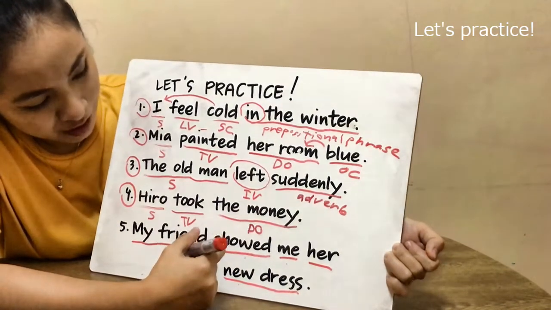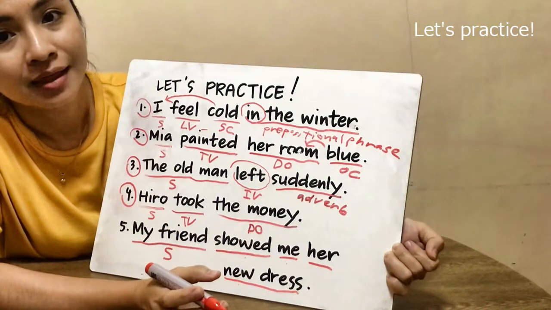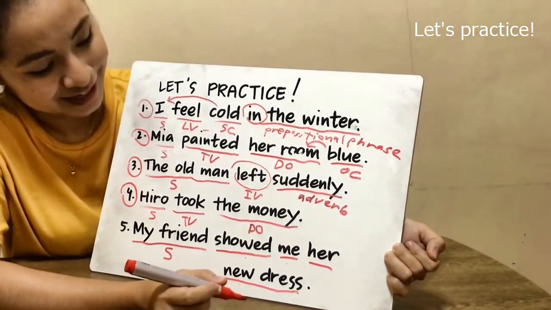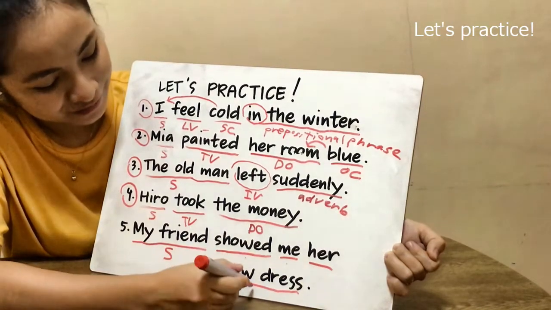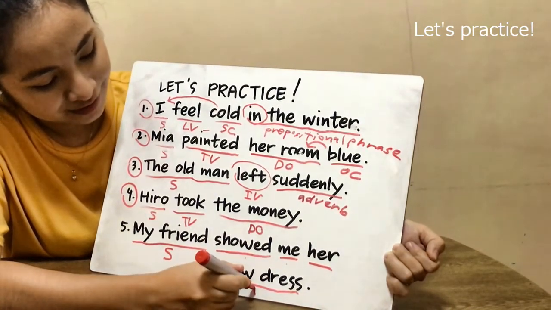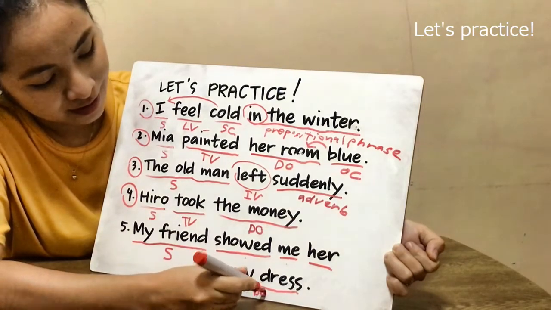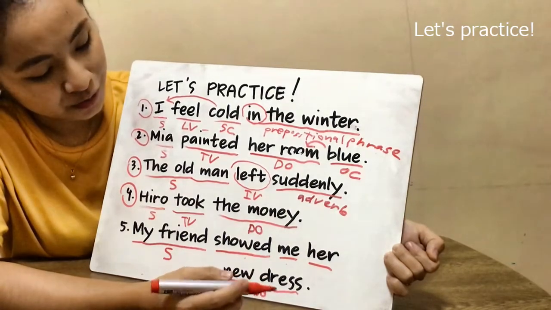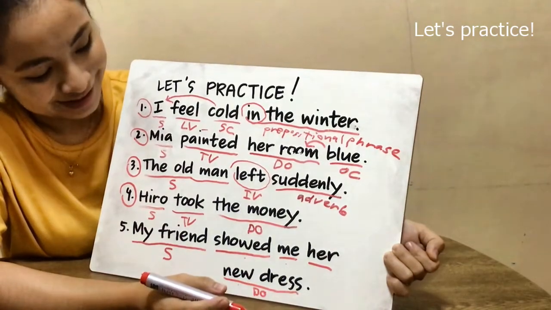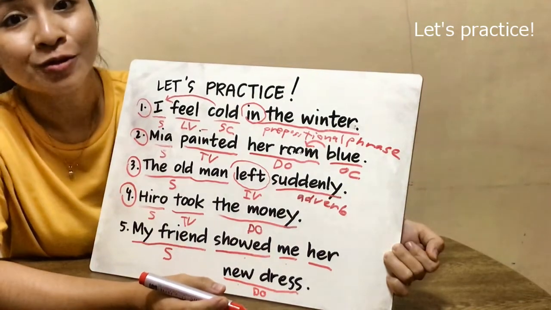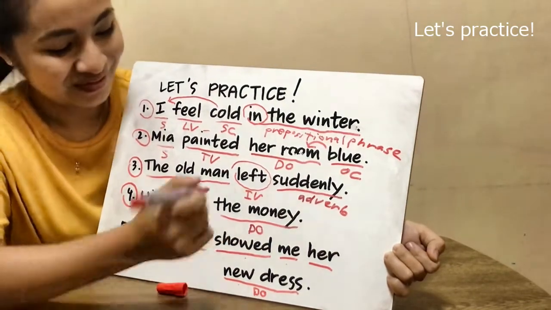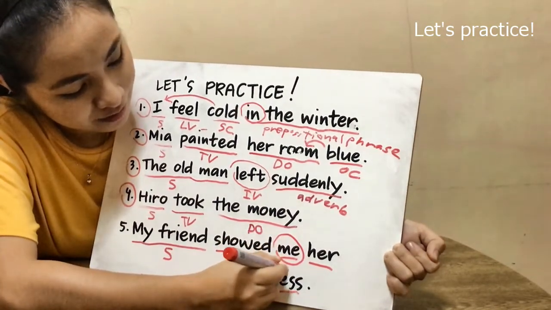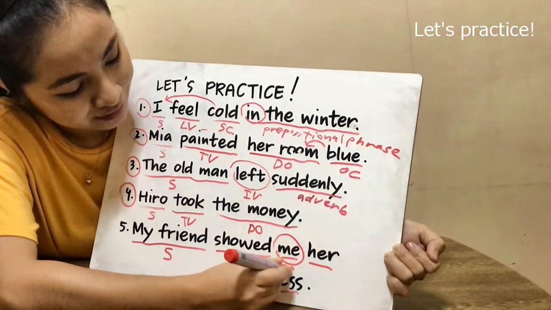So my friend showed what? Remember that question? It's the direct object, right? My friend showed what? My friend showed her new dress. And then, to whom? This is me. So this is your indirect object.